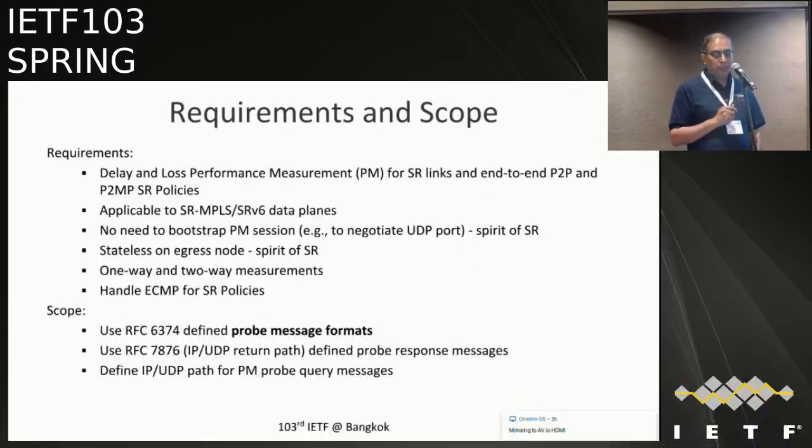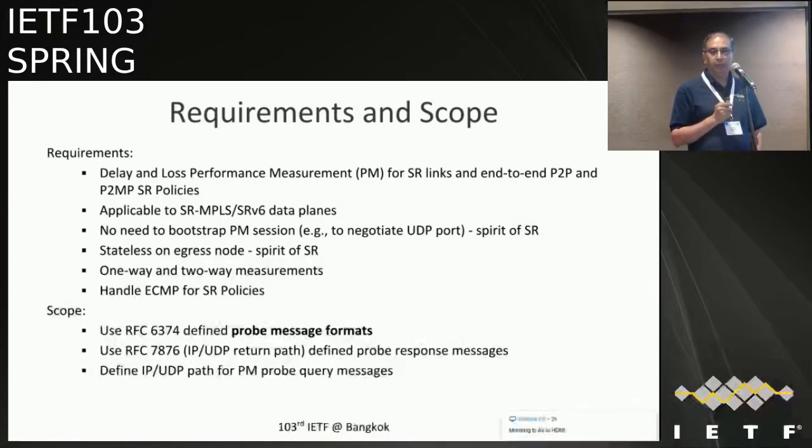So basically, the scope is to use RFC 6374 and 7876, and define the IP UDP path for the probe messages. As mentioned, the IP UDP path is defined for the probe messages for SR links and policies.